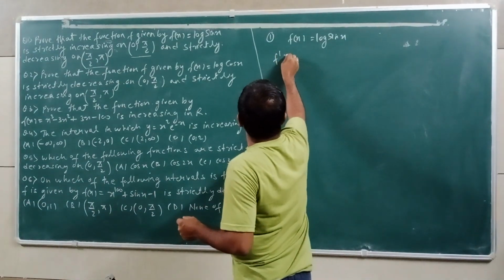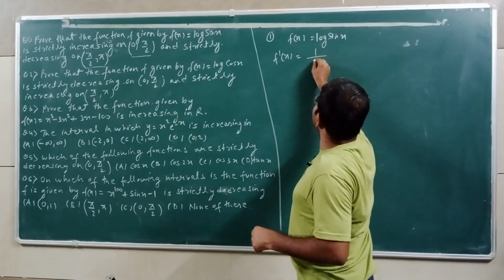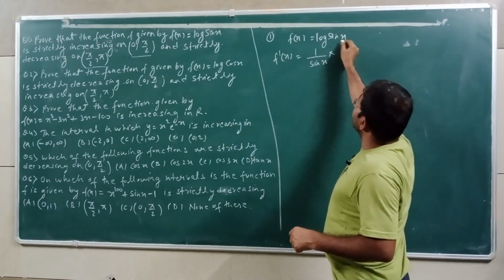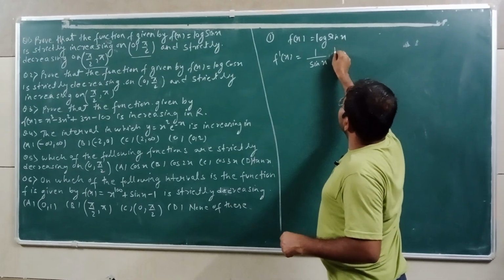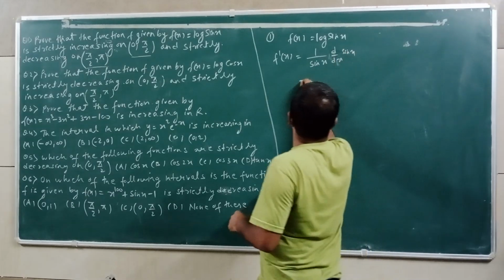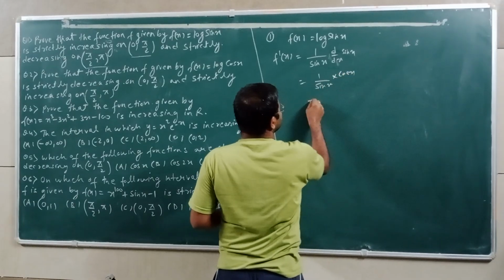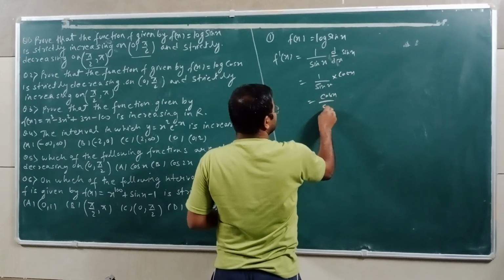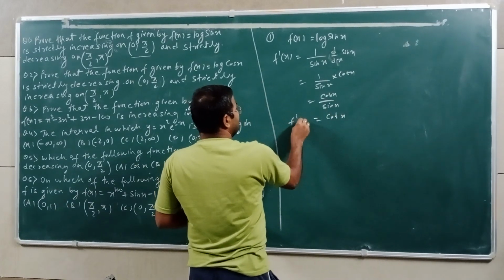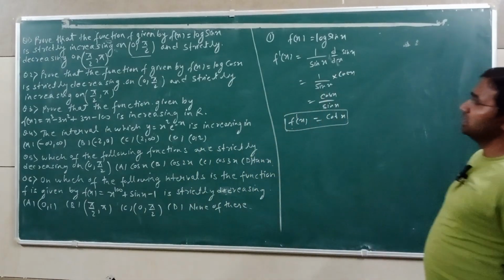The derivative of log sin x will be 1 upon sin x into d upon dx of sin x, then 1 upon sin x into cos x, means cos x upon sin x, means cot x. Then f dash x will be cot x. Now we will check whether it is increasing or decreasing.